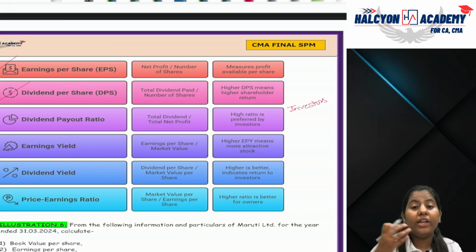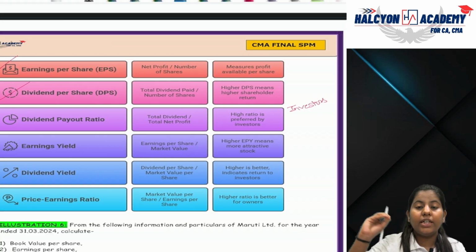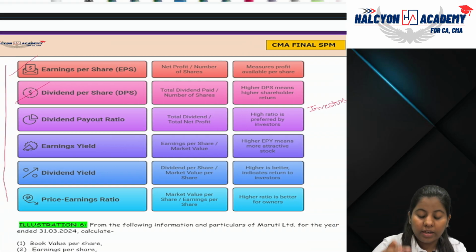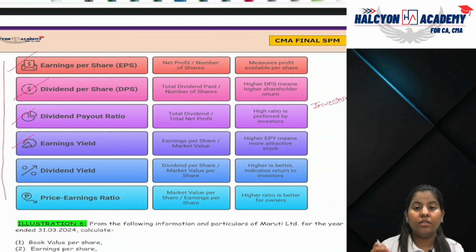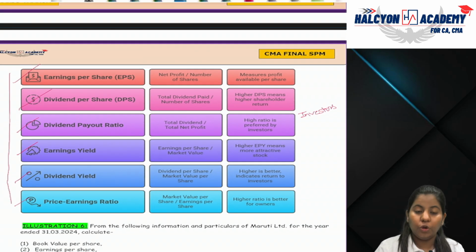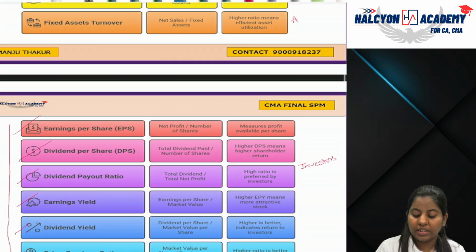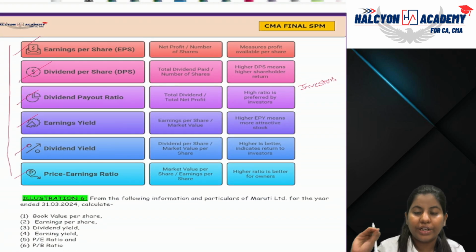These are related to investors who have invested their money, how much they are earning, how much dividend they are getting. Then dividend payout ratio, how much proportion is dividend out of earnings. Earnings yield, what is the yield provided to the investors. Dividend yield, how much dividend is given to them. Price earning ratio. These are all investors ratios.